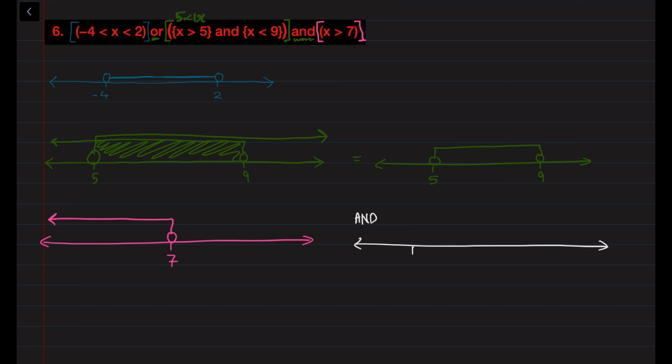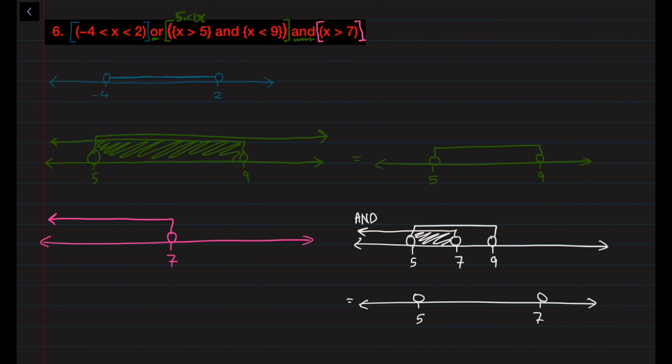We have 5, we have 9, and we have 7. We have numbers from 5 to 9, and we have numbers that are less than 7. It's an AND operator, so we're looking for an overlap, so this region, and overall we have 5 and 7, and we're looking at all the numbers in between.